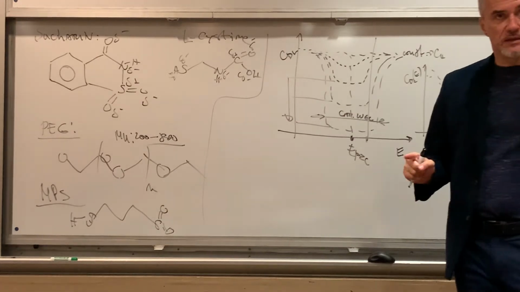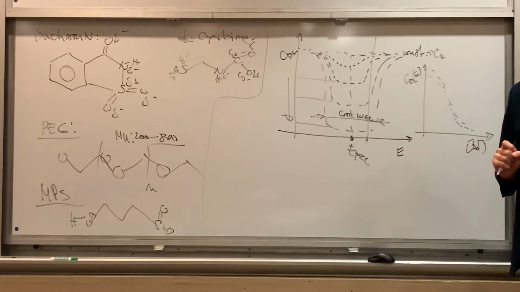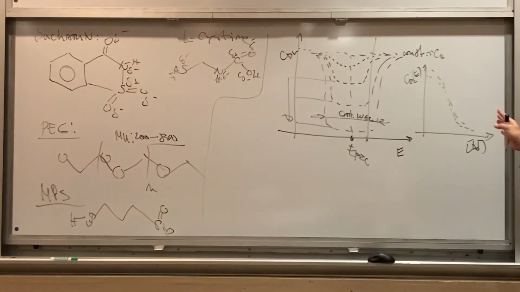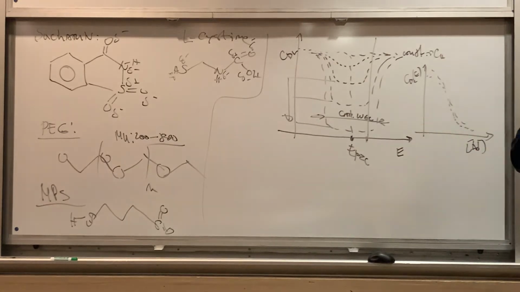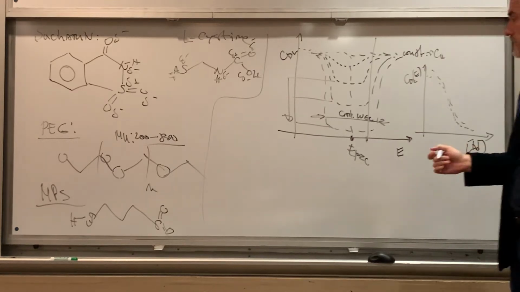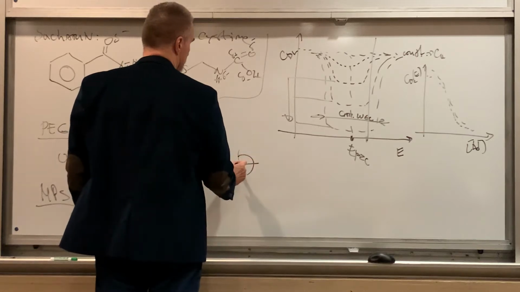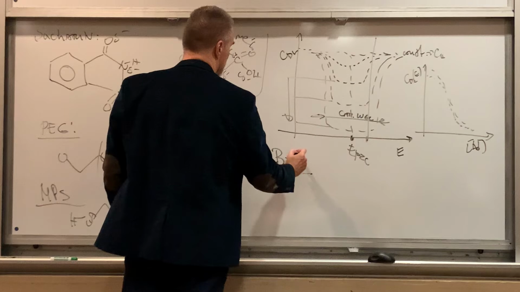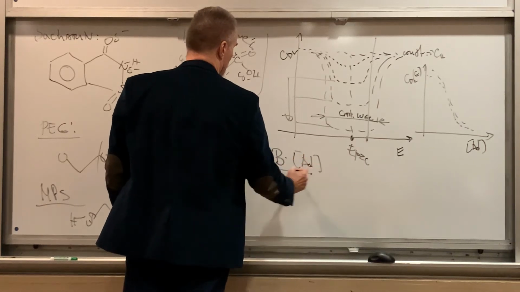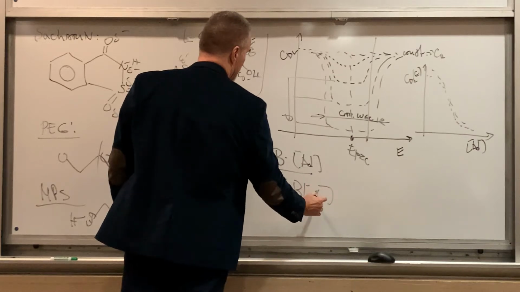Now, to fast forward a little bit, obviously we're talking about adsorption. For this general discussion, I will assume that this adsorption is well represented by the Langmuir model. What the Langmuir model tells you is that the coverage of your adsorbate on the surface is equal to B times the concentration of the additive divided by 1 plus B times the concentration of the additive.